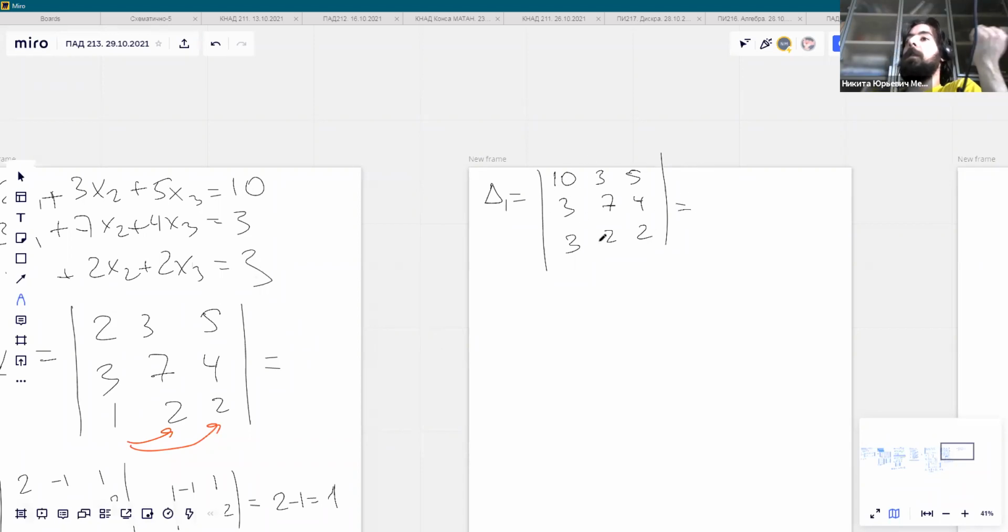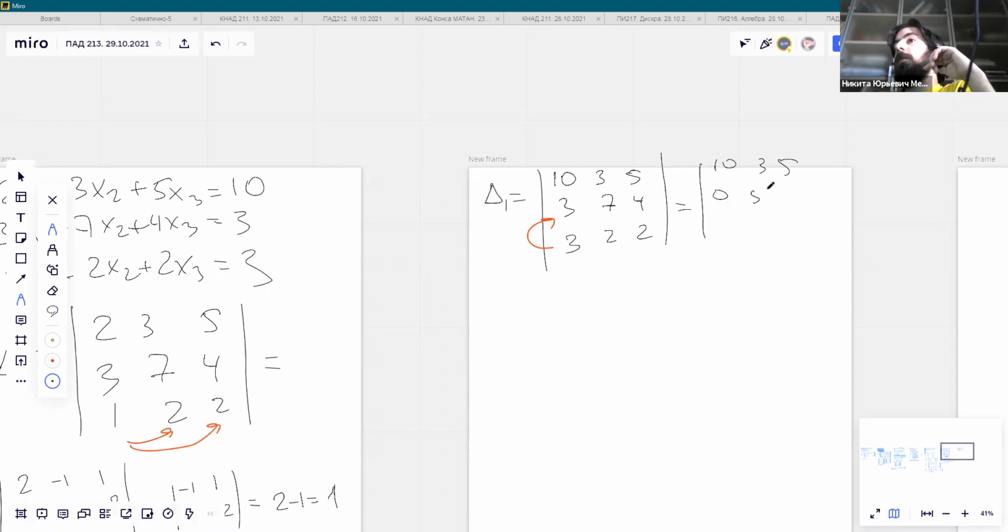Now I have to find this determinant. Again, there are many things I could do. But for example, let me subtract like this. Then let me subtract like this.